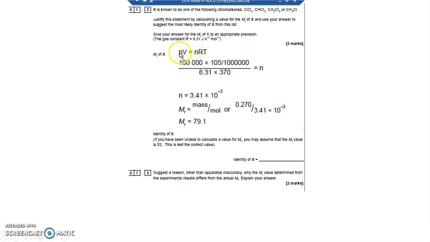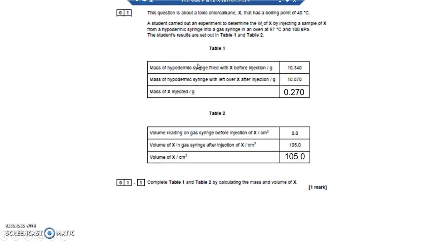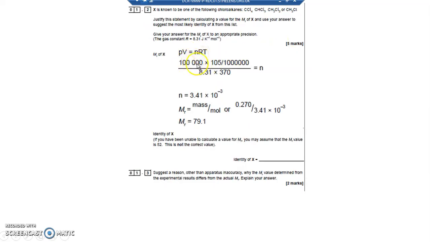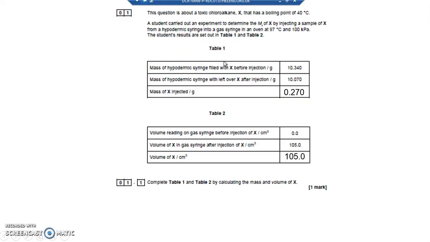I could rearrange, so n would be PV divided by RT. The pressure is 100 kilopascals, but it needs to be in pascals. If you take a large unit like kilopascals down into a smaller unit like pascals, you multiply by 1,000. So 100 becomes 100,000 pascals, multiplied by the volume. The volume is 105 centimeters cubed.